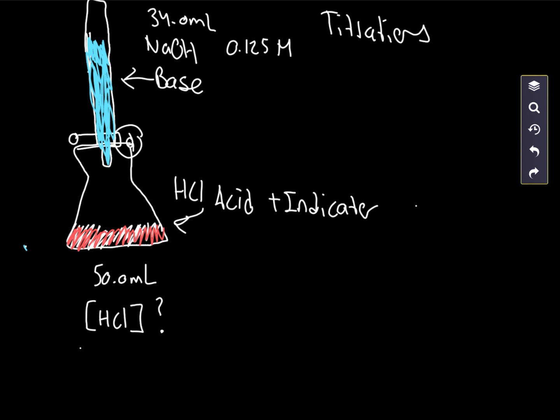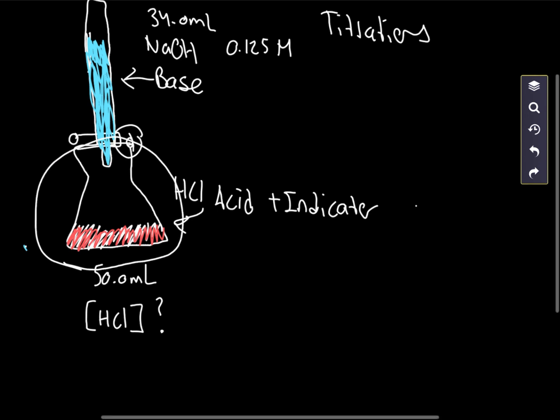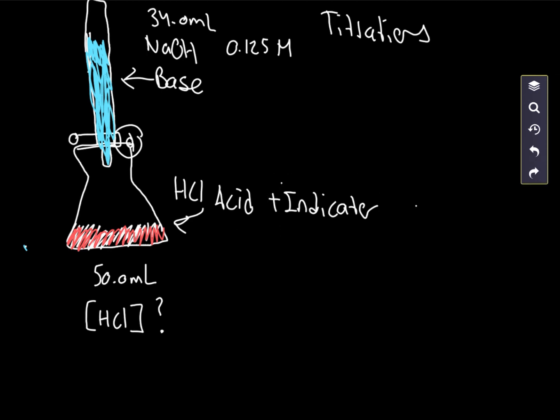In the Erlenmeyer flask, you're going to add your acid, and you have an indicator. Now the indicator, if you look at Table M, it tells you all the acid-base indicators. Indicators change color under a certain pH range.